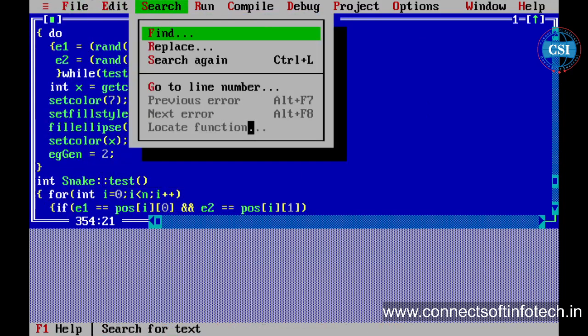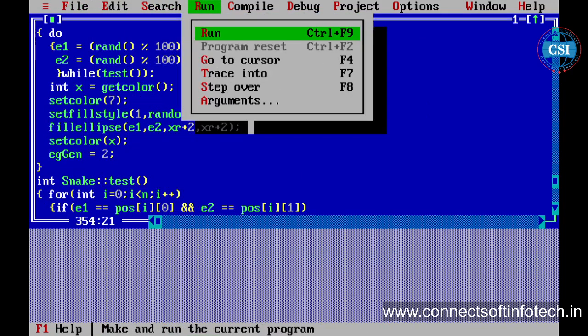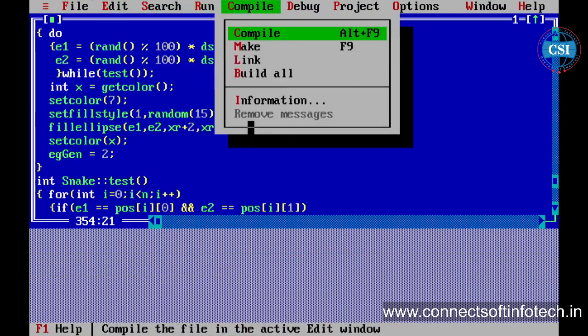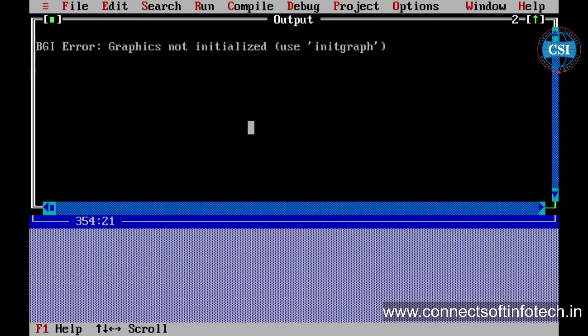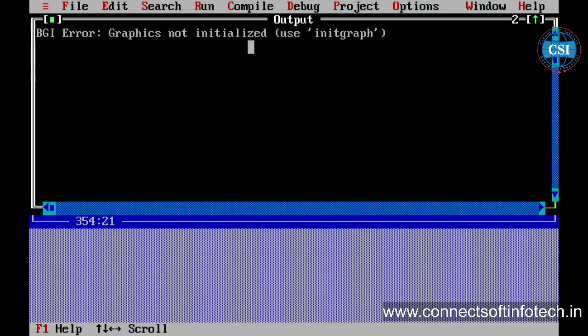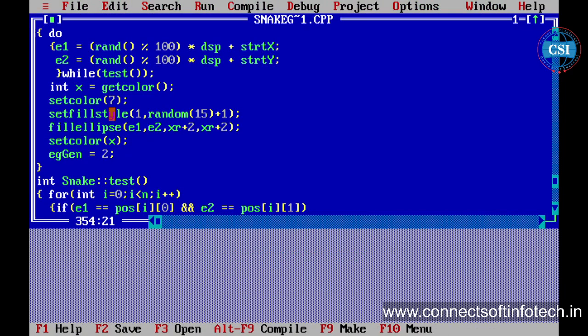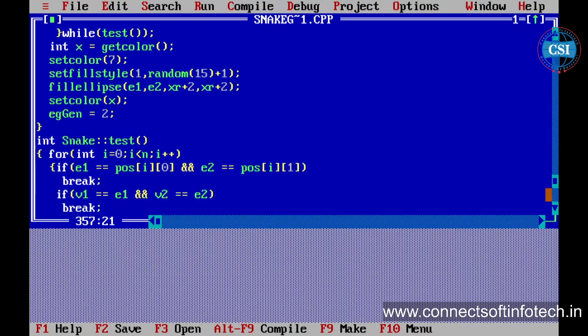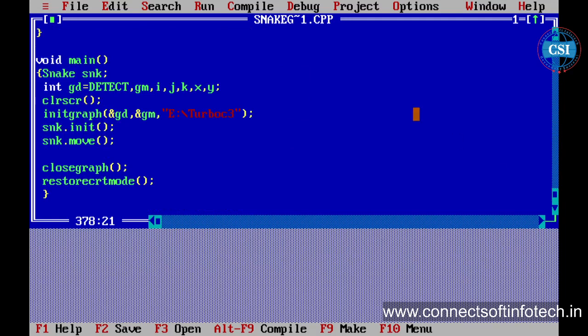Or line number, I am just going to check here. Okay, and check the window. So BGI error is there. Int graph, the main function. Okay, detect this one, and I can write here BGI.